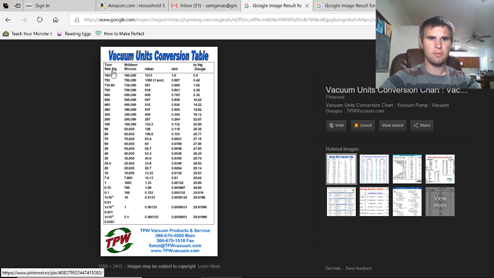Here's how the mTorrs and the microns, which are the exact same numbers, just one is smaller than the other, and then the bars that we were talking about. So 1 atmosphere, which is this, sea level atmosphere right here, is 750 of your torrs, or 750,000 microns.